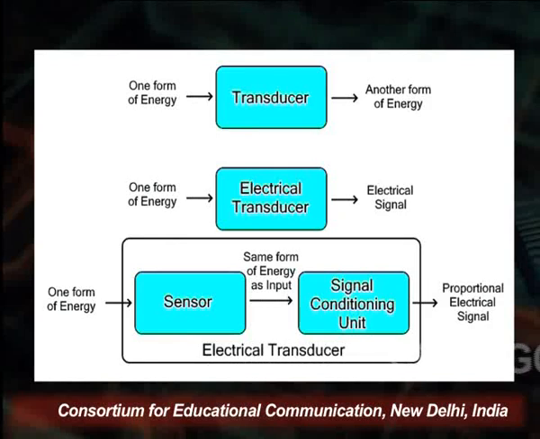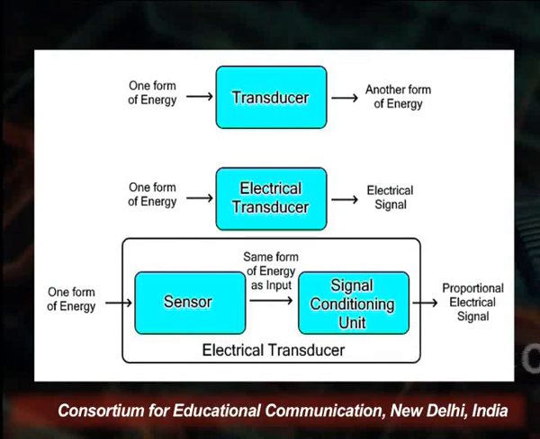One is the sensor and the second is the signal controlling unit. One form of energy goes into the sensor as input, and we get the same form of energy from the sensor. Then the signal controlling unit converts that input energy into a proportional electrical signal. So that is the electrical transducer.